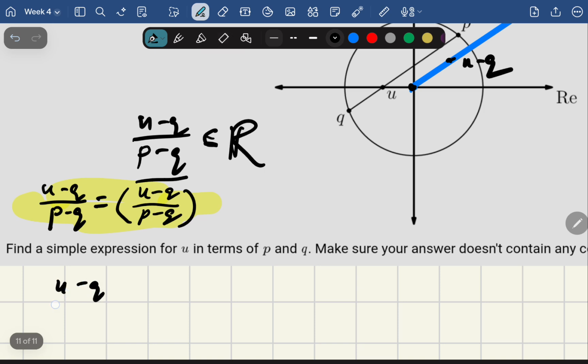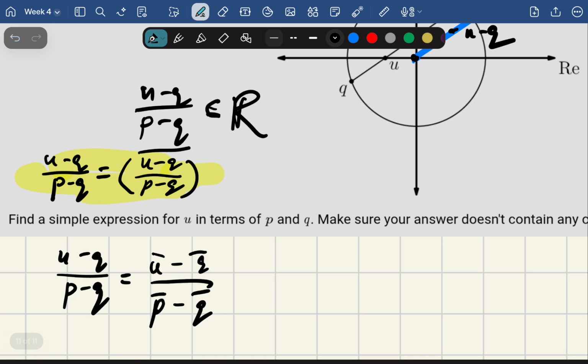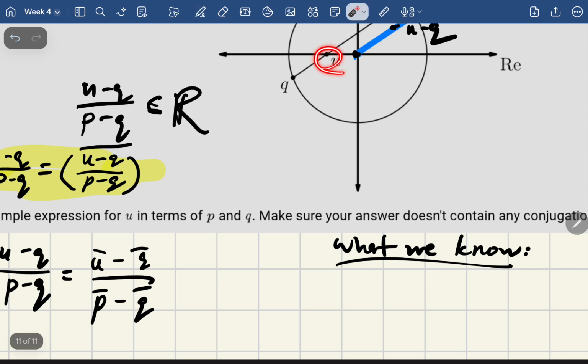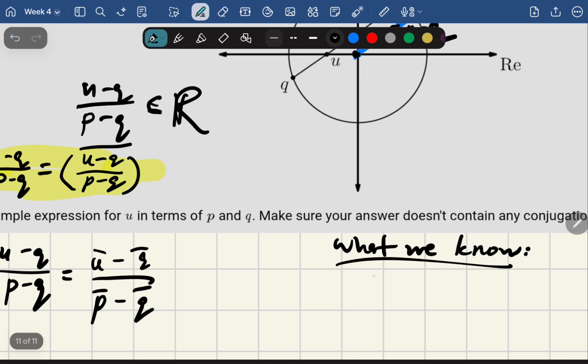So we have U minus Q over P minus Q is equal to conjugate U minus conjugate of Q over conjugate of P minus conjugate of Q. And then, because U is on the real axis, U is equal to conjugate of U.